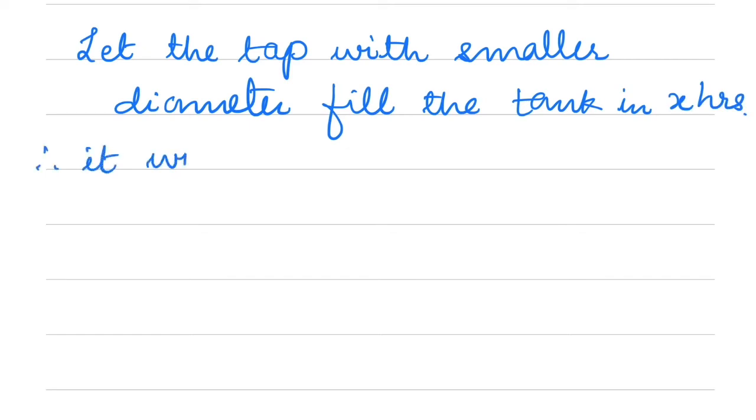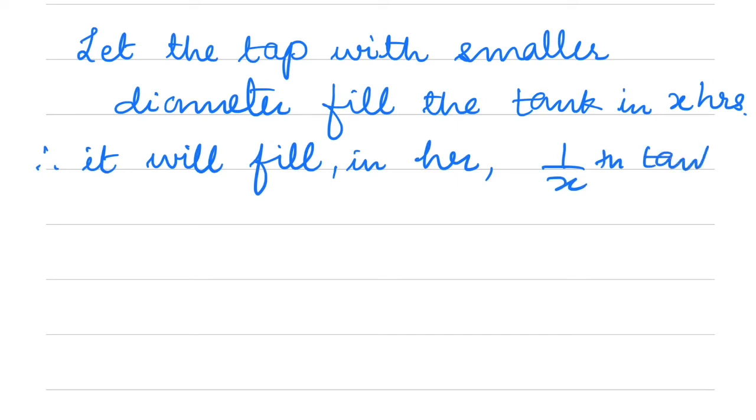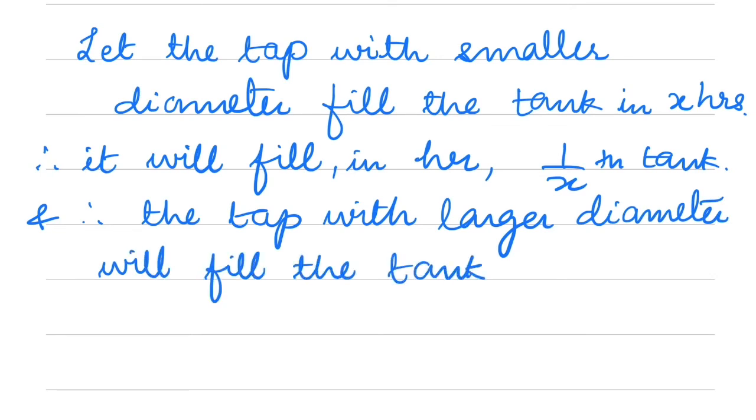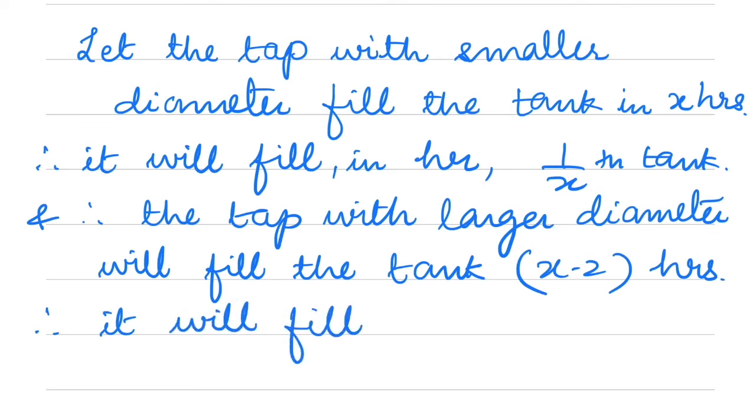Therefore, it will fill in 1 hour 1 by xth tank, and therefore the tap with larger diameter will fill the tank 2 hours less, so x minus 2 hours. Therefore it will fill in 1 hour 1 by x minus 2th tank.